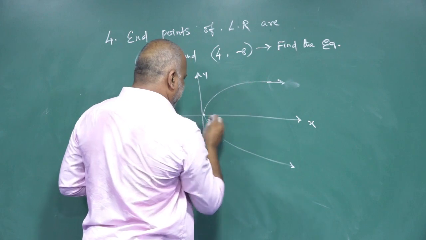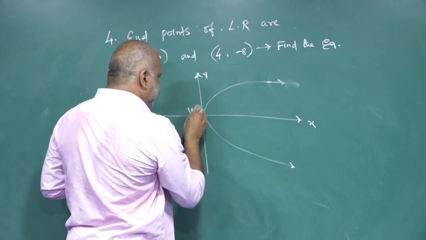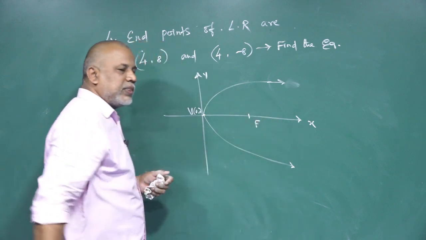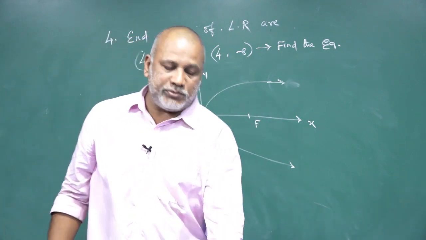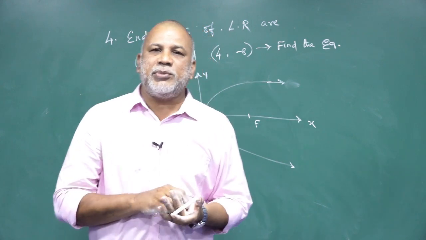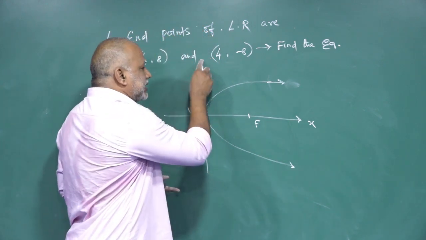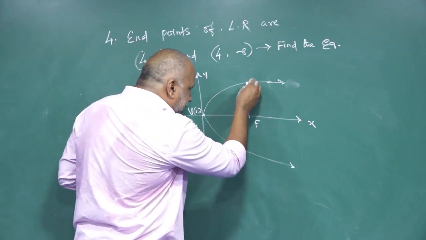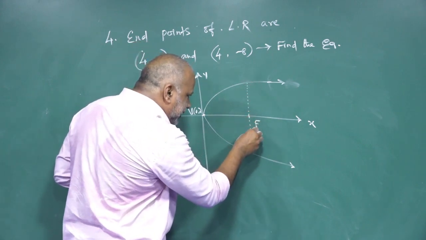The vertex is 0, 0. Here must be the focus. What is the definition of latus rectum? A focal chord which is perpendicular to the axis of the parabola. That means the latus rectum must pass through the focus as well as be perpendicular to the x-axis.